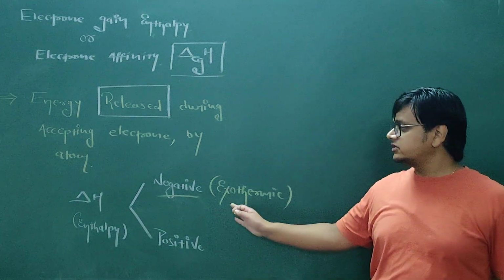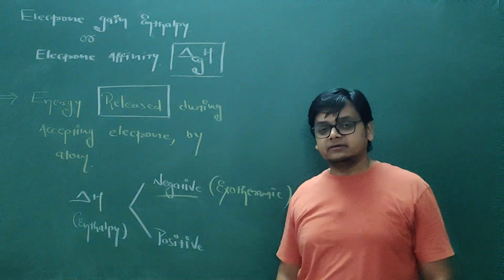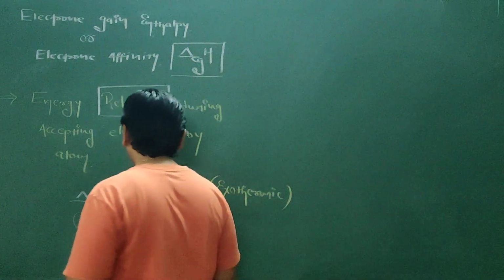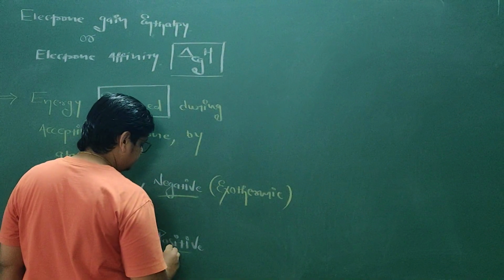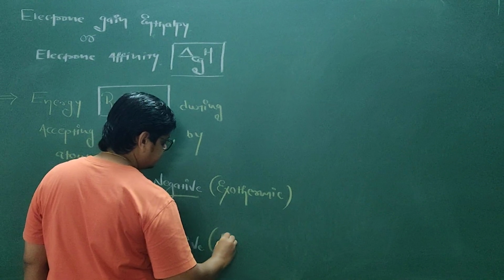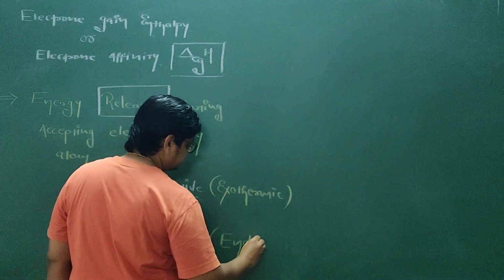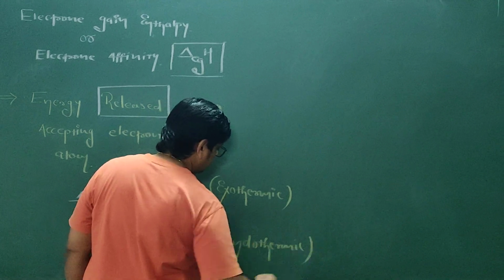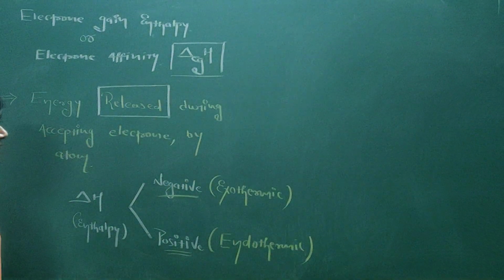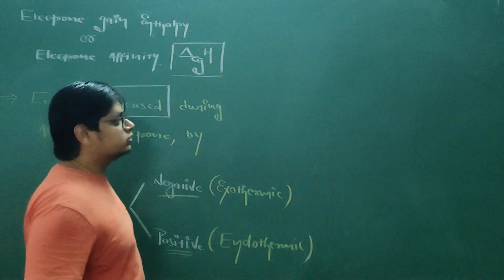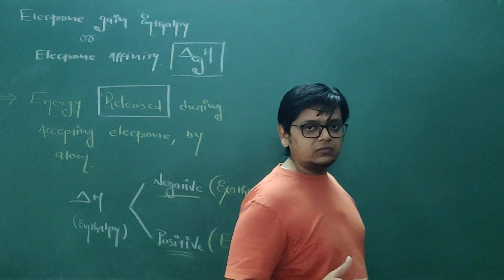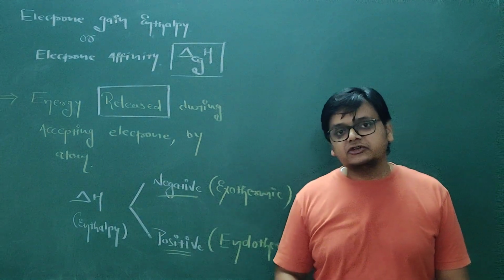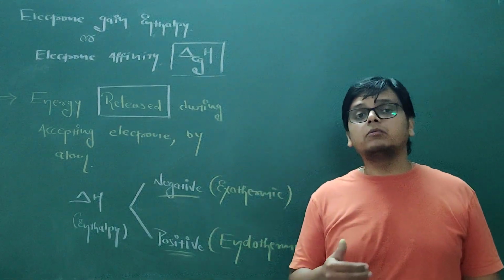Negative means the reaction is releasing heat, and that's why it is exothermic in nature. If the delta H enthalpy value is positive, we can say the reaction is endothermic. It means during the reaction, the heat is absorbed.